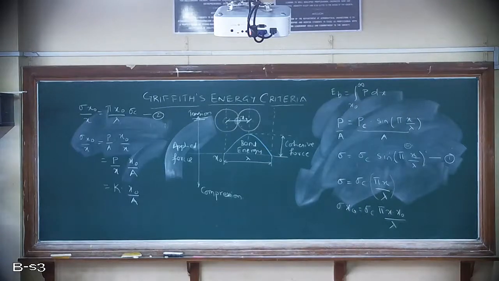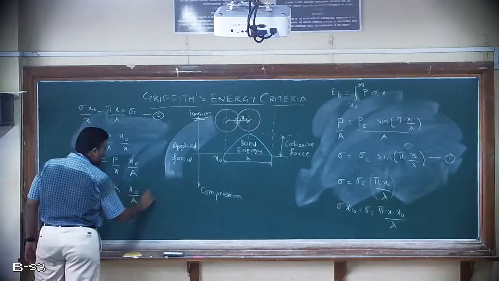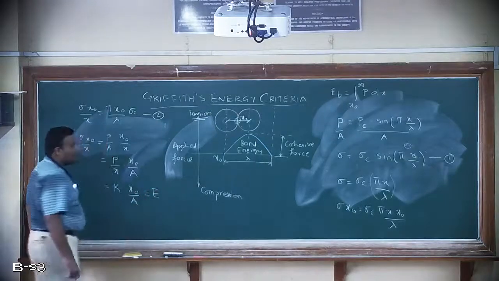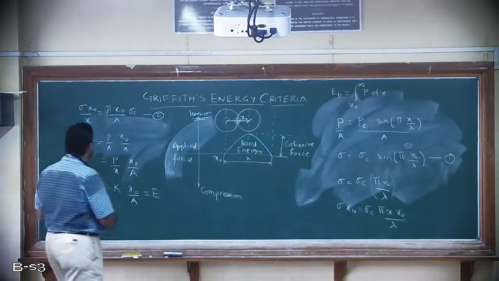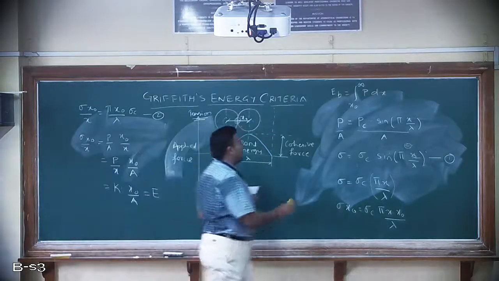So we get the LHS as k into x naught by A. Here the term k into x naught by A is the measure of the Young's modulus for this material. So now equation 2, since this becomes Young's modulus E, can be written as, I'll just take it again this side.